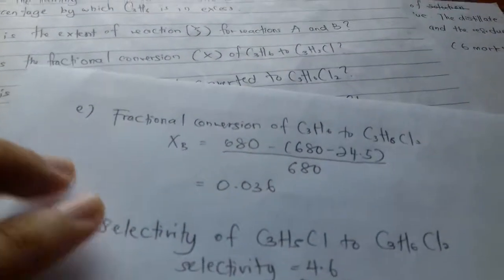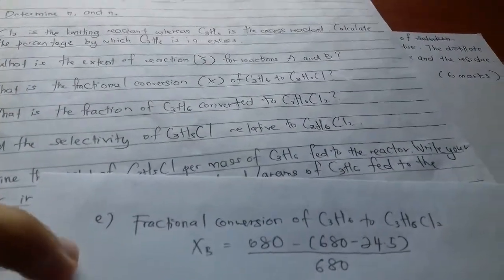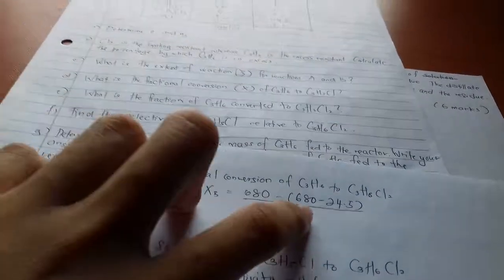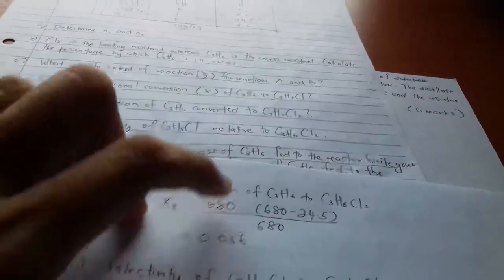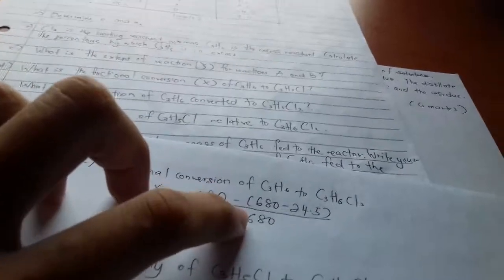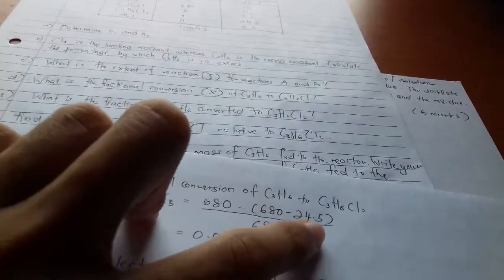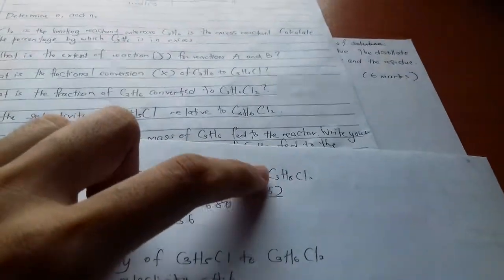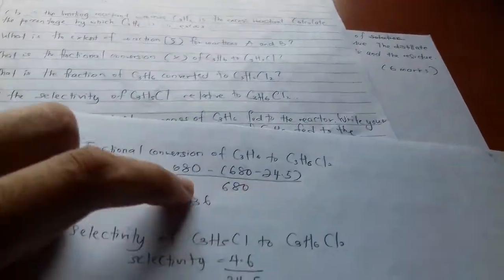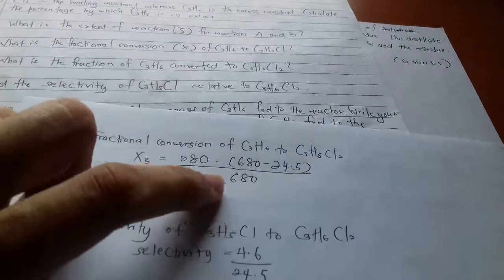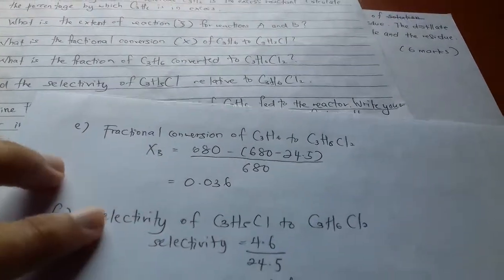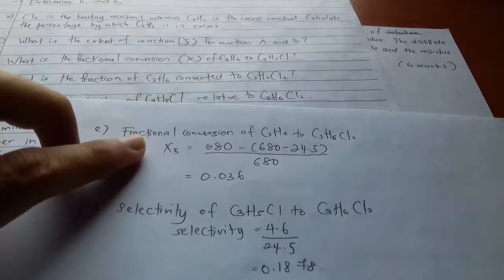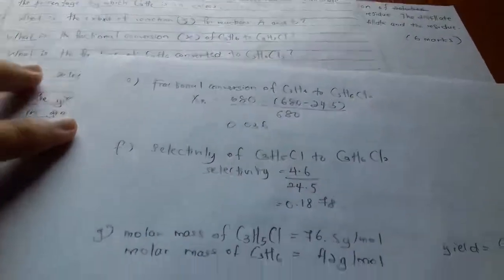Just the same as question D. So I took 680, which is C3H6, minus C3H6 minus 24.5, which is C3H6Cl2's molar flow rate, over the molar flow rate of C3H6. So I got 0.036 for the fractional conversion of C3H6 to C3H6Cl2.